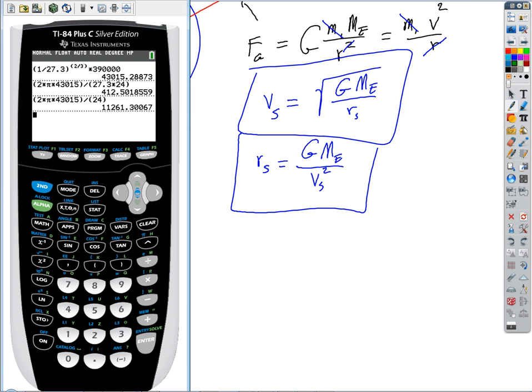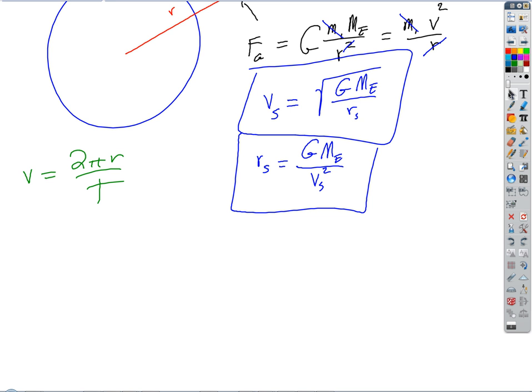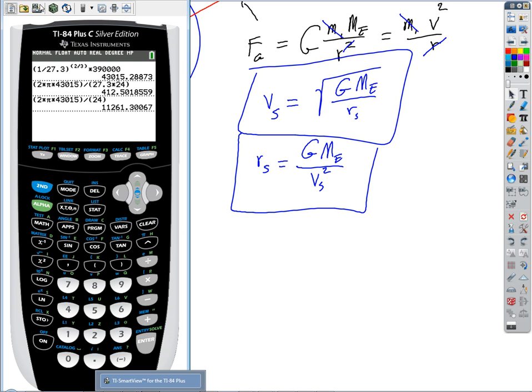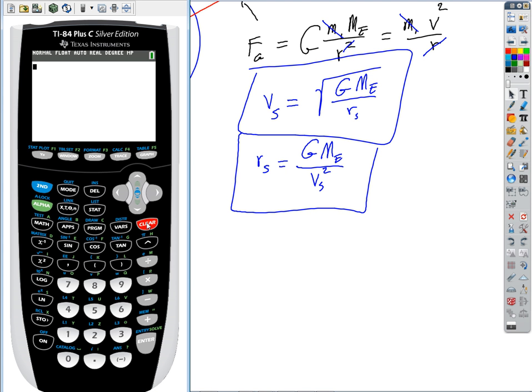Okay, let's see what we got here. So here's our equation: we got the square root of, and let's go ahead and use our fancy fraction bar.